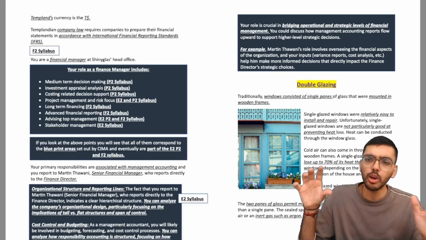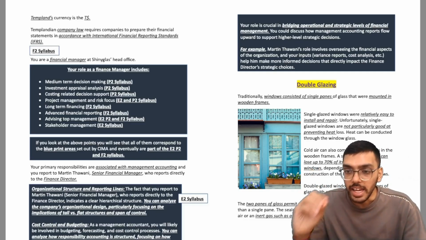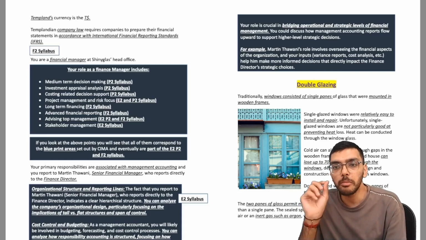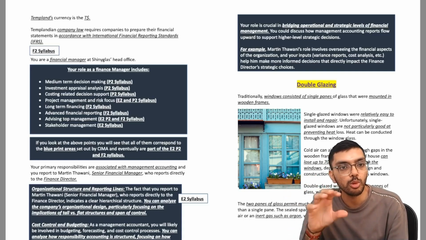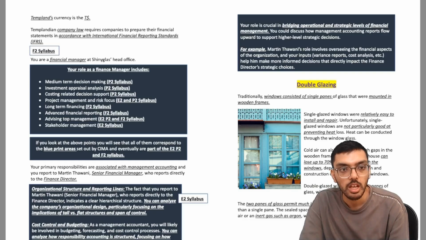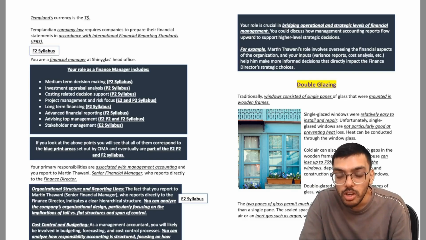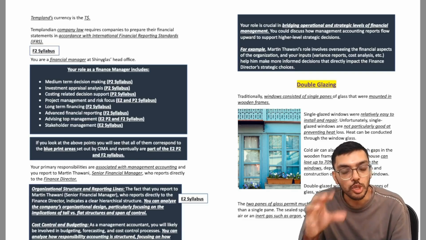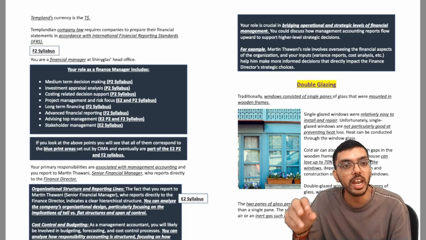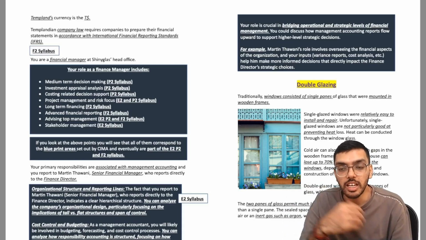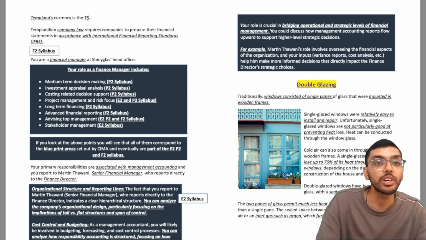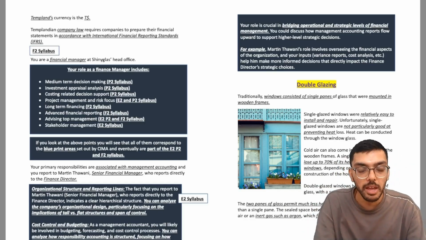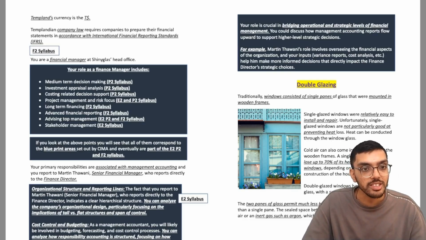Now, if you think of all of these roles, I can very simply relate them to E2, P2 and F2 syllabus areas, which means that to be a good finance manager, you will need to have good, solid E2, P2 and F2 knowledge. Again, taking us back to the fact that if I have not revised, I will not be able to do a good job on this exam.